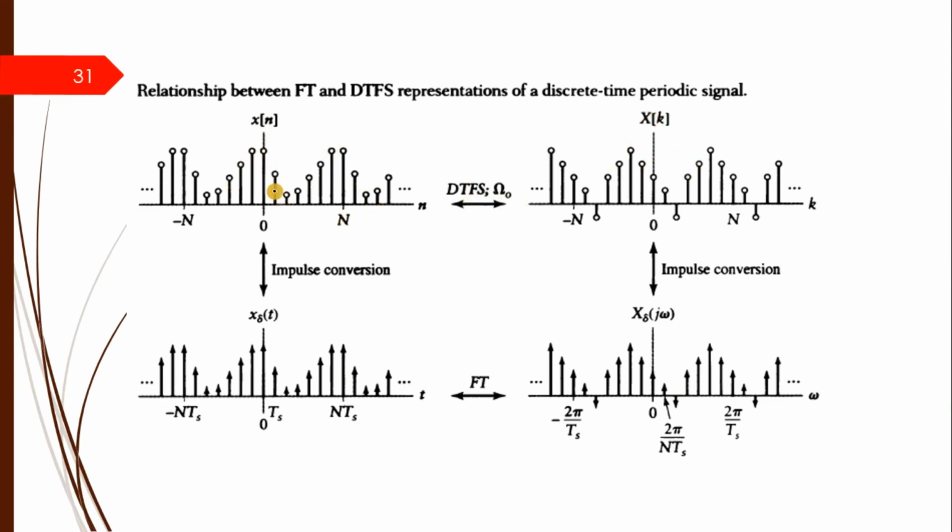Now, if x of n is impulse converted, assuming that it's a continuous time signal and a sample is extracted at every ts, that you should remember, 1 ts, 2 ts, 3 ts, n ts, like that, then if you take its FT, you will get the same components with that conversion that we have made.